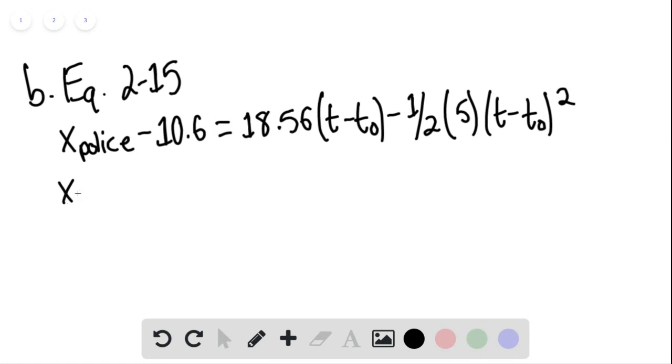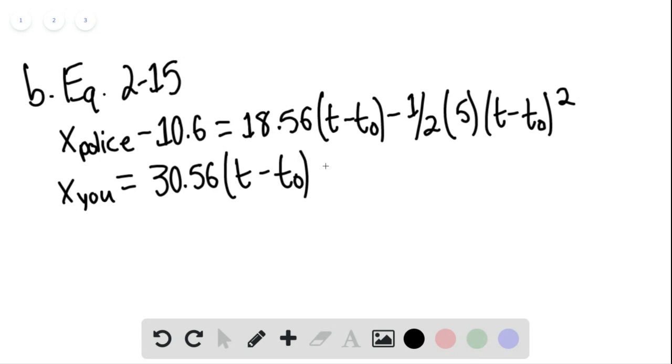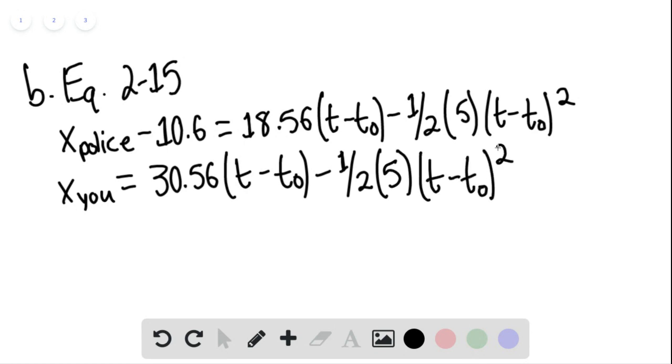We can say the x position of your own car is 30.56 times t minus t initial, and then here it would be minus 1/2 times 5 times t minus t initial squared.